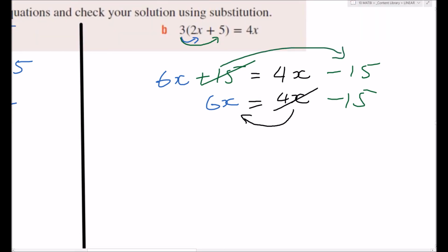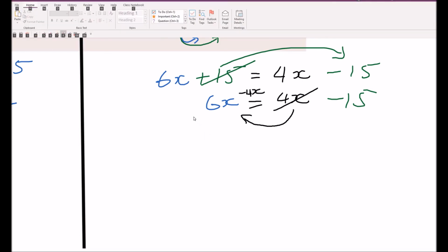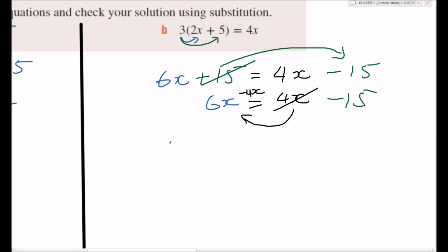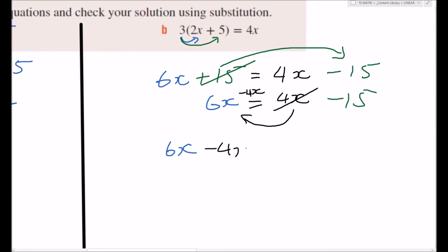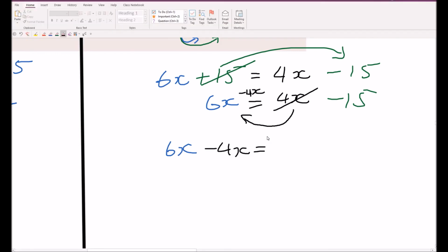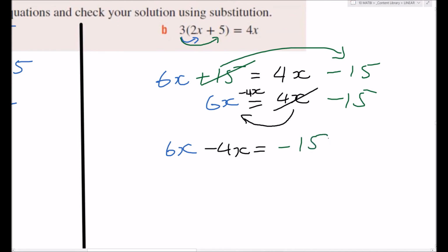So when I move that 4x to the other side, it was a positive, it now becomes a negative 4x. So I'll rewrite that equation. You're left with 6x minus 4x equals negative 15.